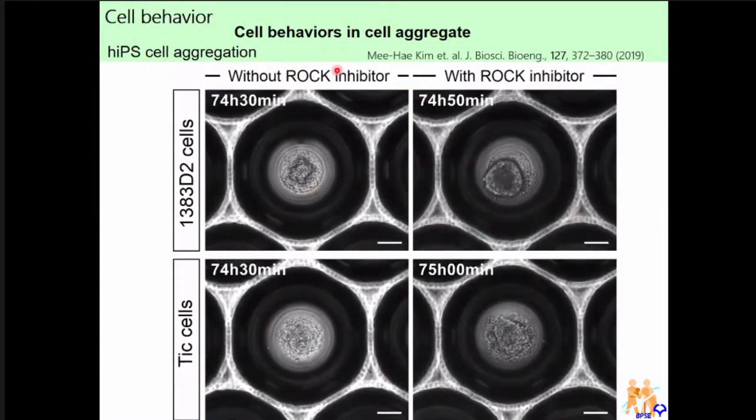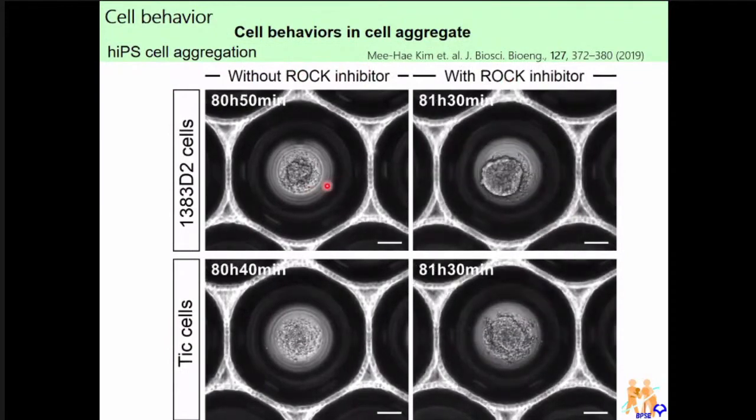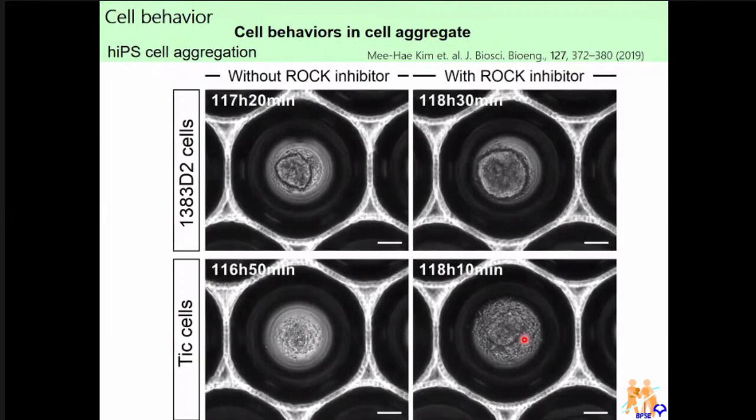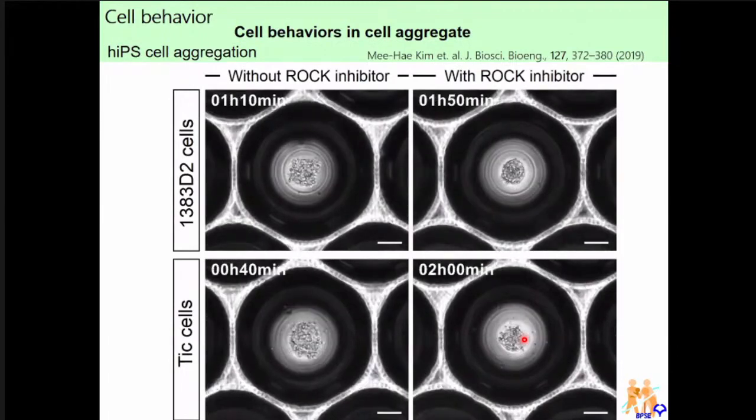After putting in this reagent, they can grow more. Some of this type of cells cannot grow anymore. They start to die. But if we add this ROCK inhibitor, they can survive. So both are iPS cells, but they have some characteristics different from each other, and they have some properties even in the aggregation.